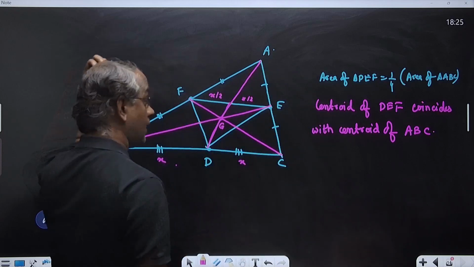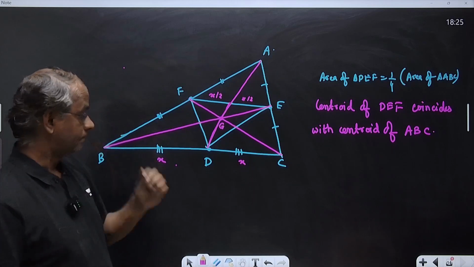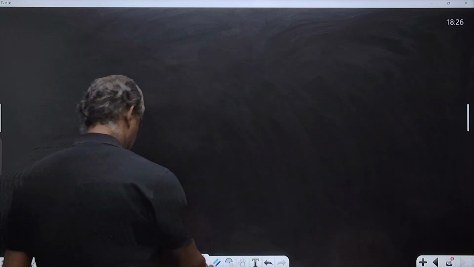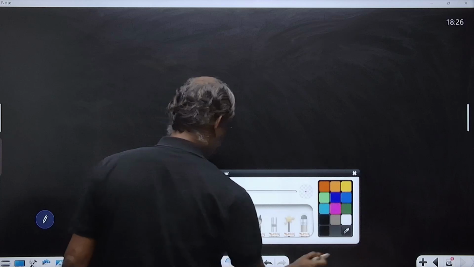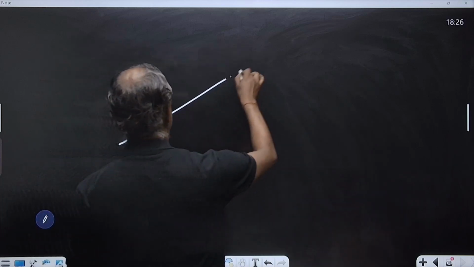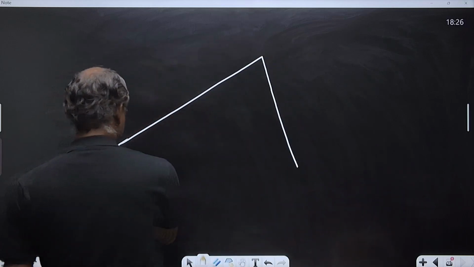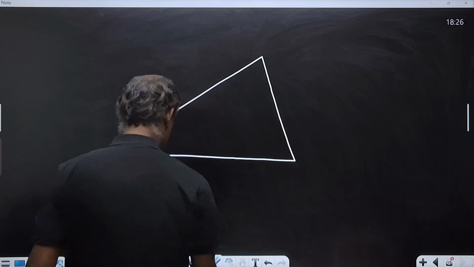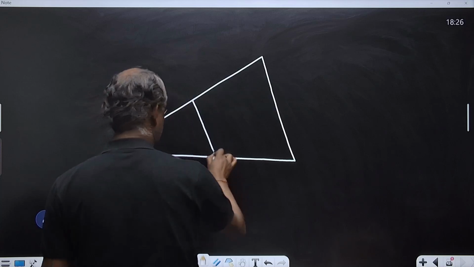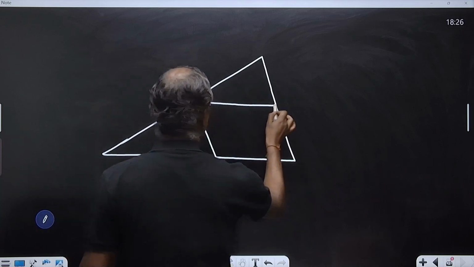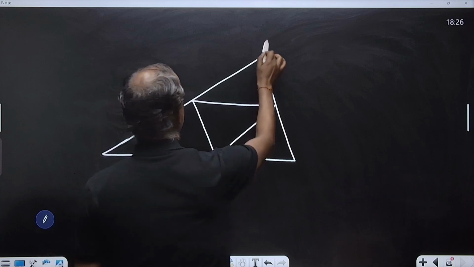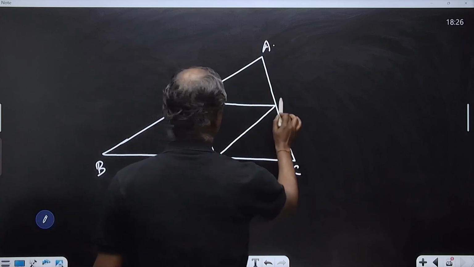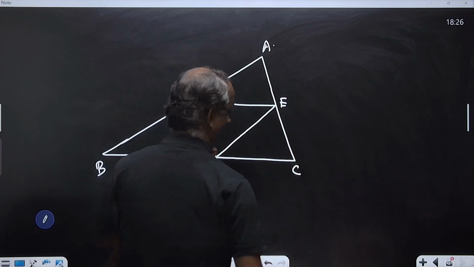Further, somebody can also ask you, let me complete today's lecture using this. Suppose these are midpoints D, E, F. Fine.